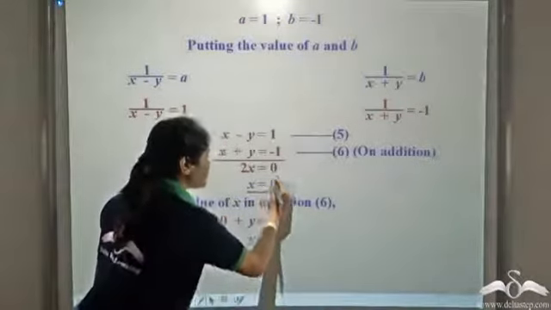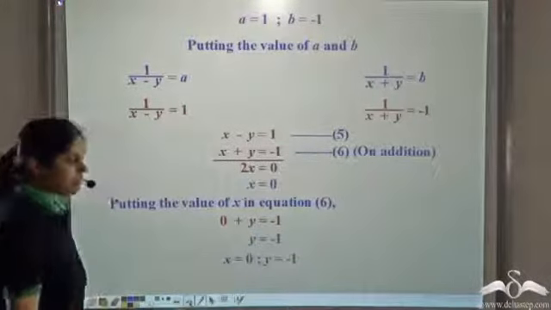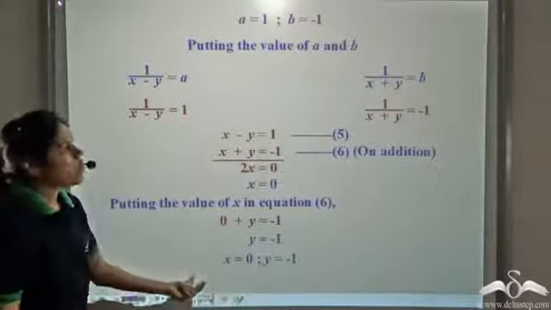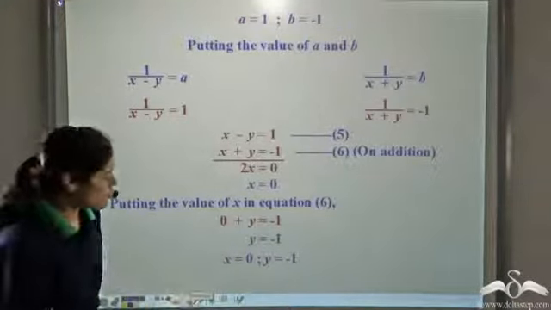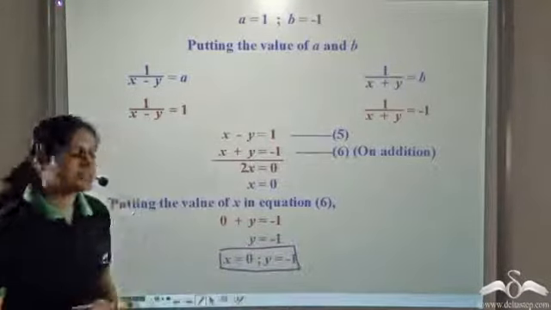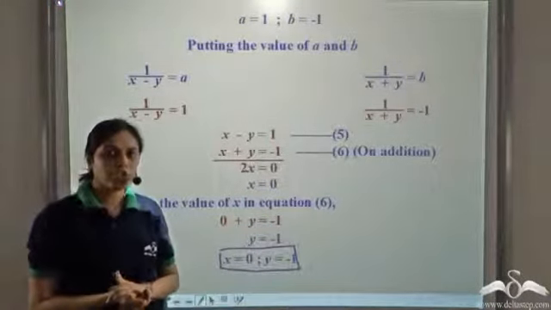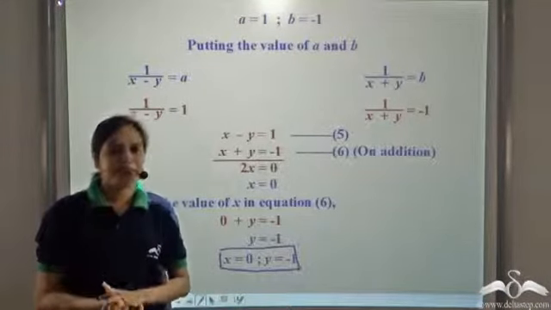So x is equal to 0 and y is equal to negative 1 is the solution of the pair of equations which we had earlier. So x equal to 0 and y equal to negative 1 is the required solution of the pair of equations in two variables x and y.